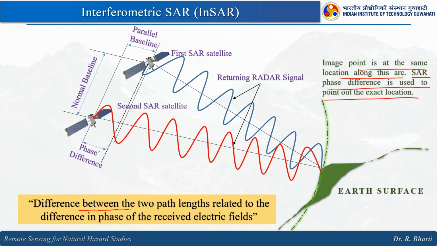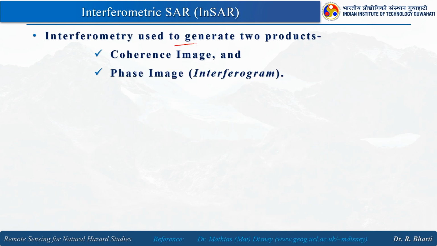The difference between the two path lengths is related to the difference in the phase of the received electric fields. Interferometry is used to generate two products: one is coherence, another one is the phase image, which is nothing but your interferogram, and you might have heard about the interferogram in many other courses.